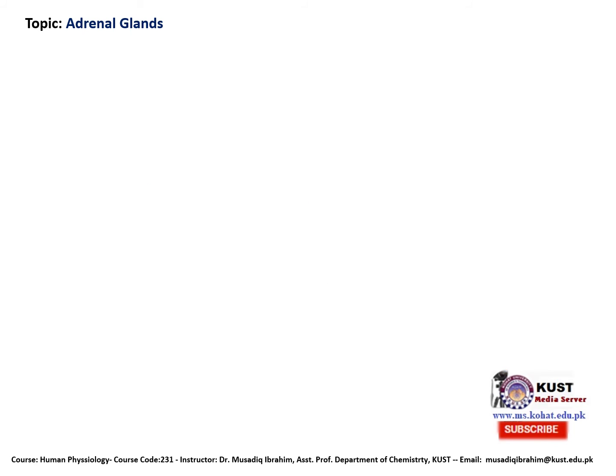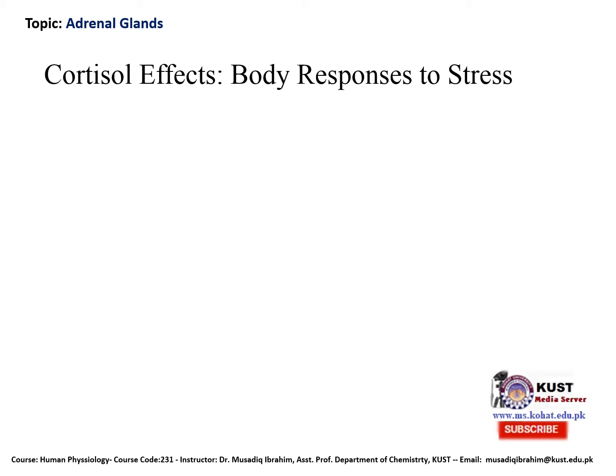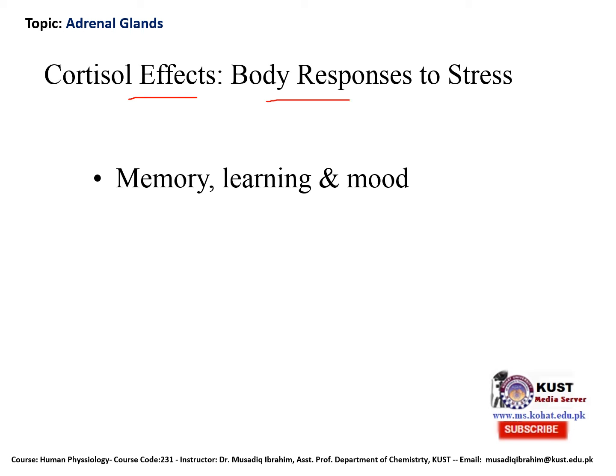Now, as we have discussed, the cortisol secretion helps in reducing the stress condition. So now here we are going further into the details of cortisol effects and the body responses to stress.